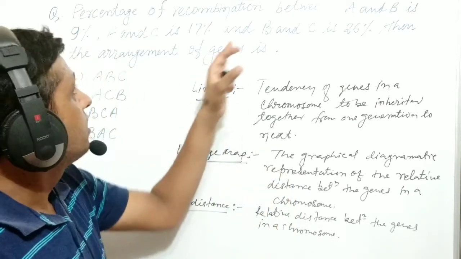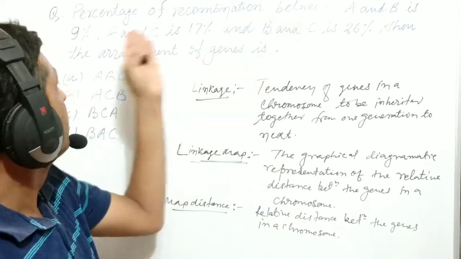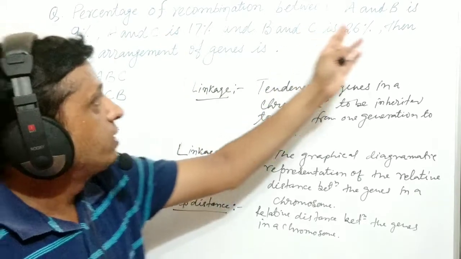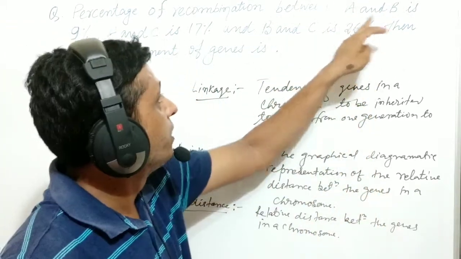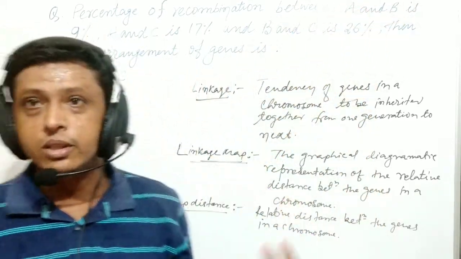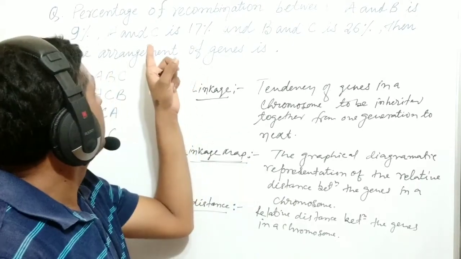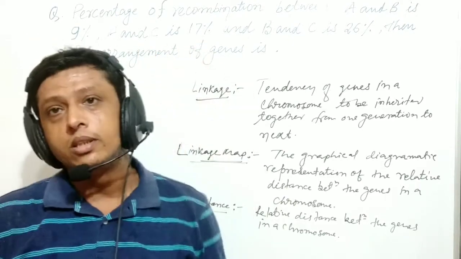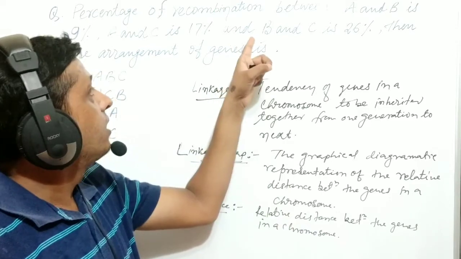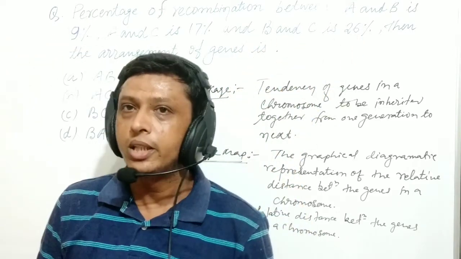In the question you are given that the frequency of recombination between A and B is 9%, between A and C it is 17%, and between B and C it is 26% recombination.